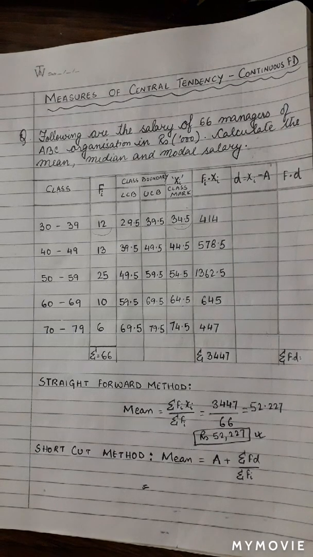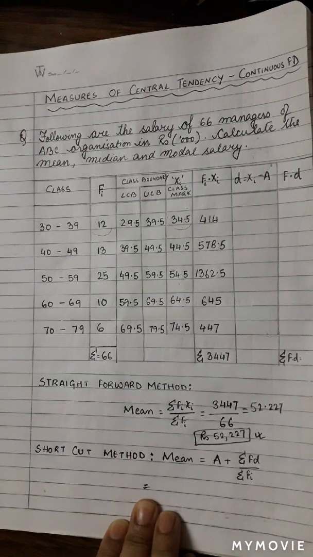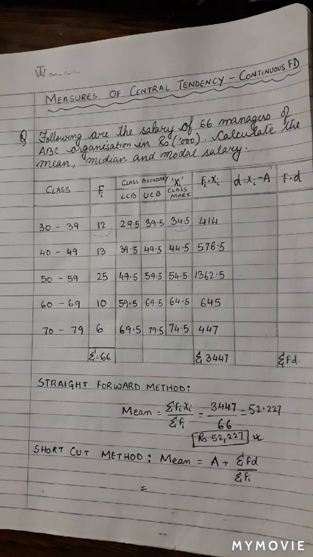To make the calculation simple, we go in for the other types of methods. The second method which we use is the shortcut method. Definitely, simplification of calculation is our motive.